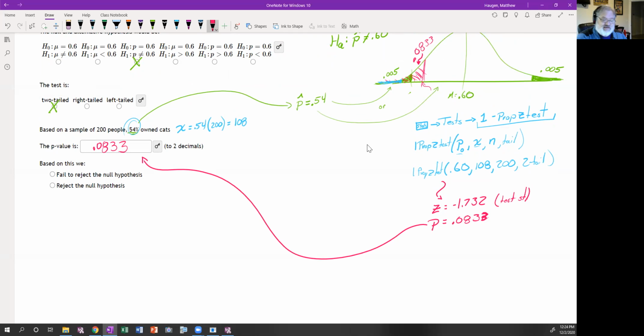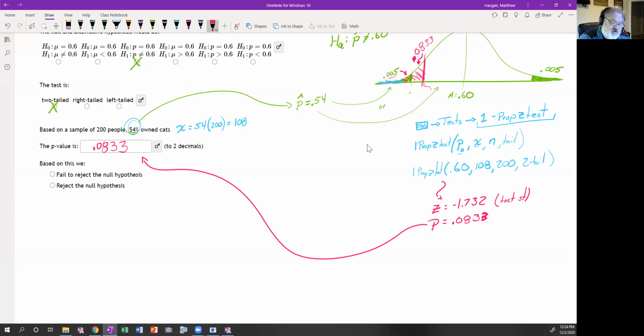And the question is, is that bigger than our 0.05 or smaller than our 0.05? If it's bigger than our 0.05, then we landed in our null hypothesis or assumption region. If it's smaller than our tail size, then it landed out in our critical region.